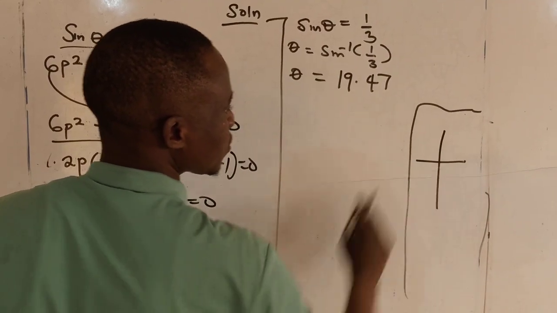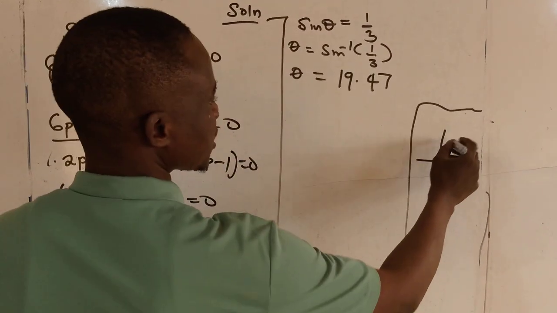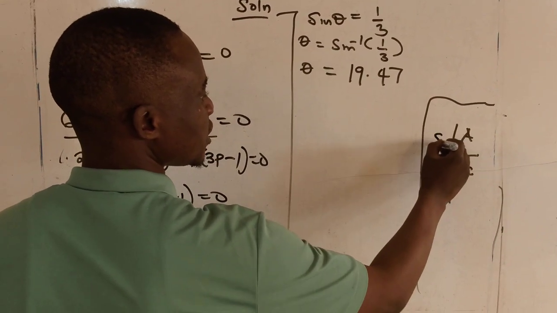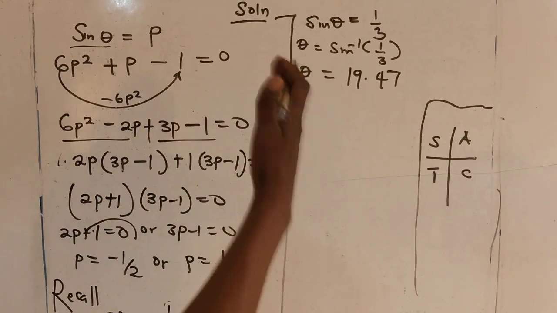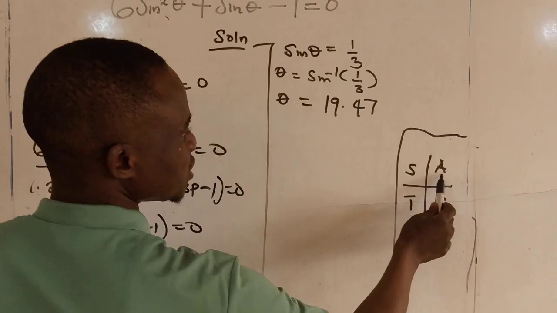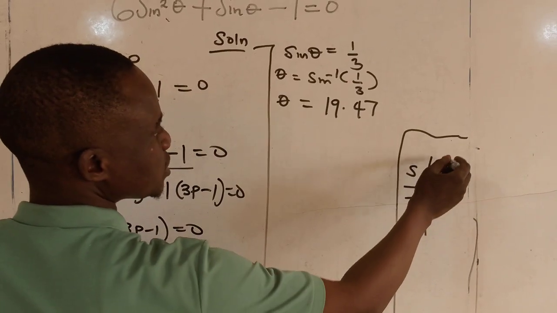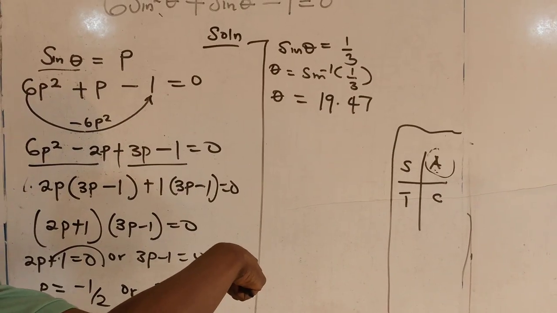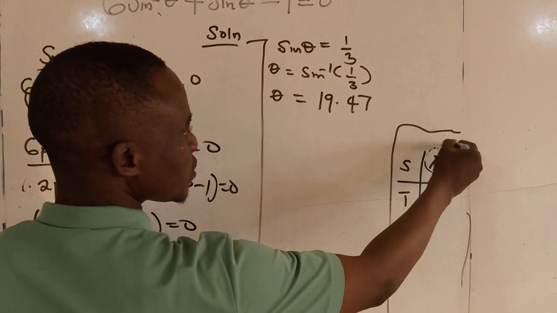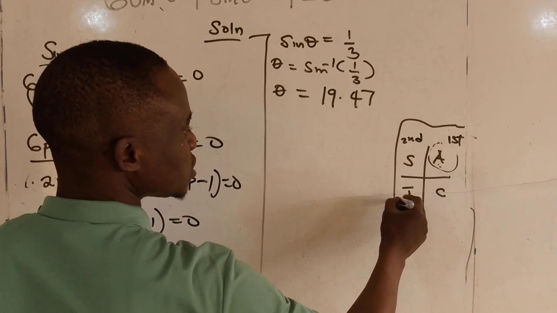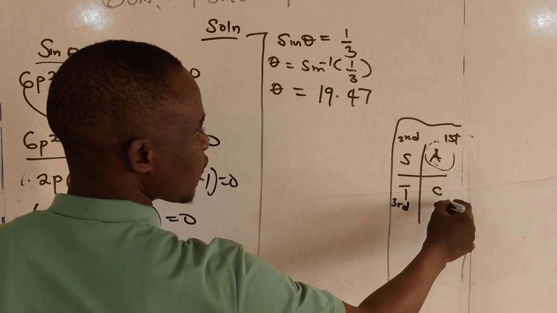Now I want to remind us of something here. These are the 4 quadrants: A, C, T, S. In trigonometric ratios, you must have seen something like this. In the first quadrant, all the trigonometric ratios are positive, right? This is first, this is second, this is third, and this is fourth.